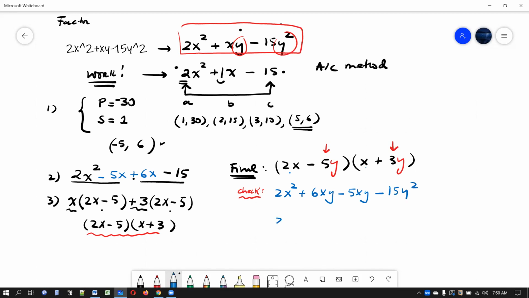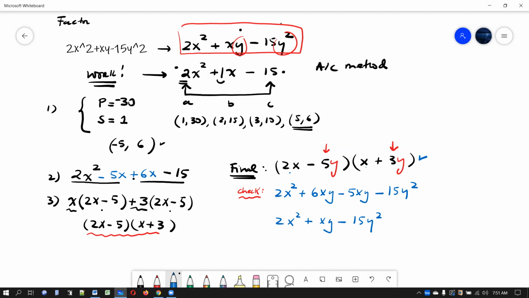These are like terms. 6xy minus 5xy is just xy, and here's your 15y squared. Okay, as you can see, it's identical to the original, and that means that this is correct, which is our final answer.